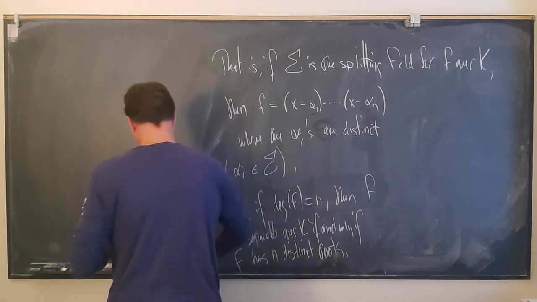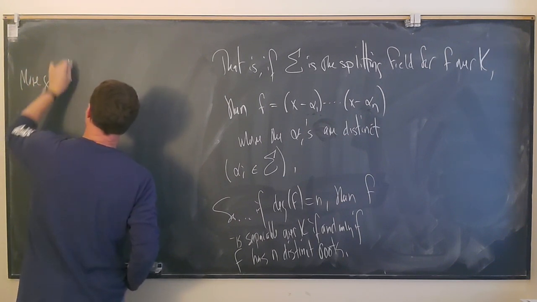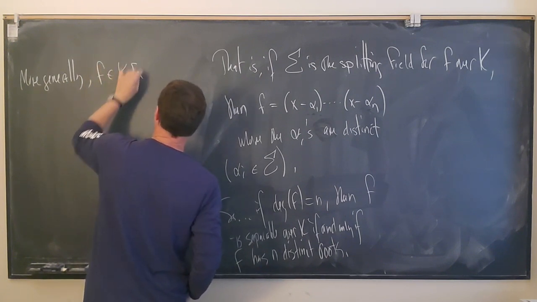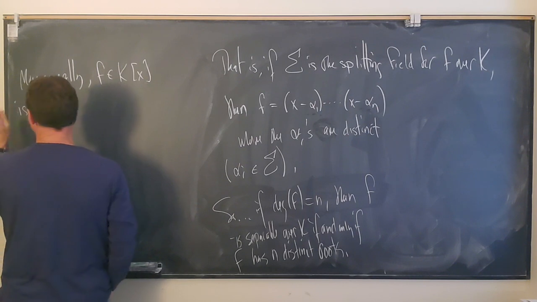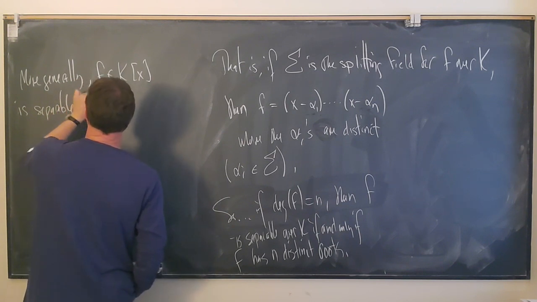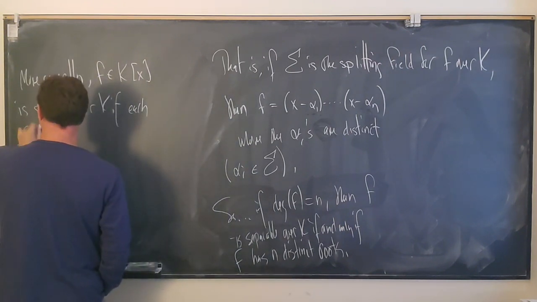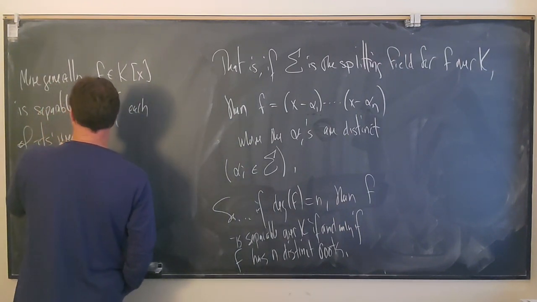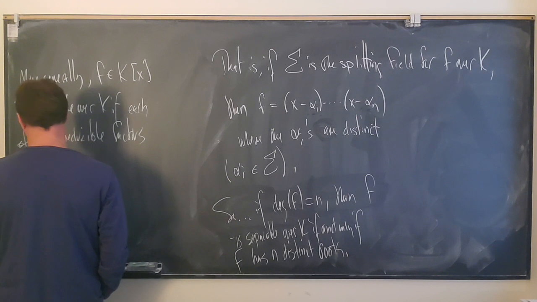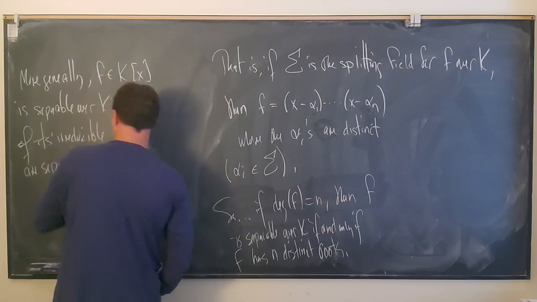We can generalize this. So we'll say more generally, a polynomial f in k[x] is separable over k if each of its irreducible factors is separable over k.